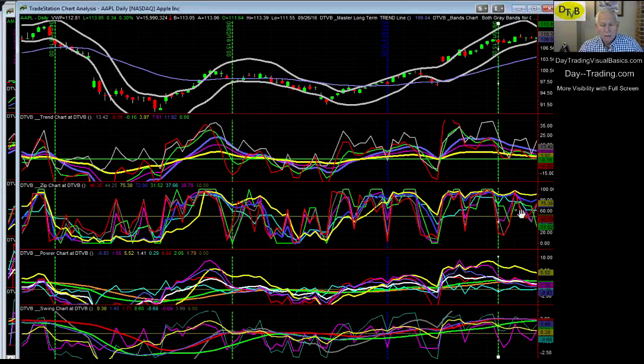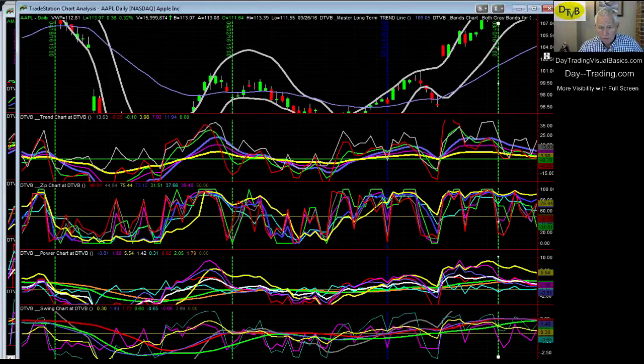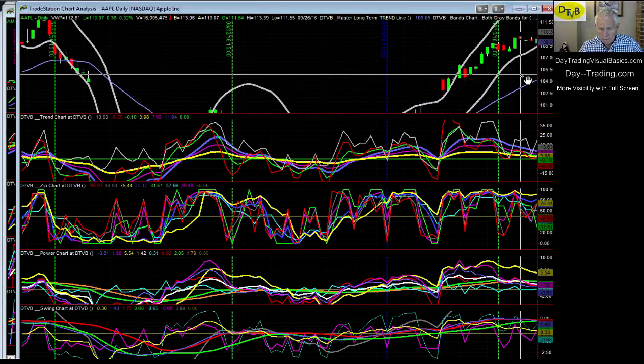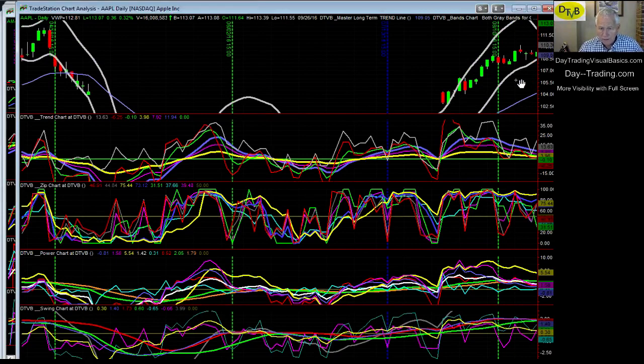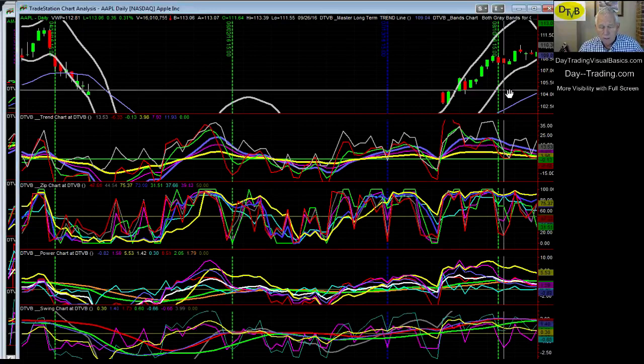Why doesn't it go up the next day? Now, I'll even share this, I didn't think about this at first. On this day, the day after the red spike, you have a red candle.